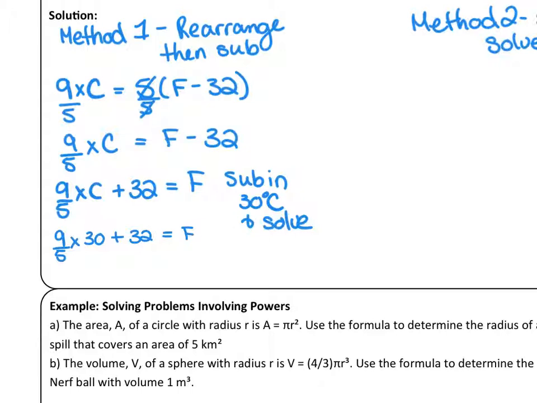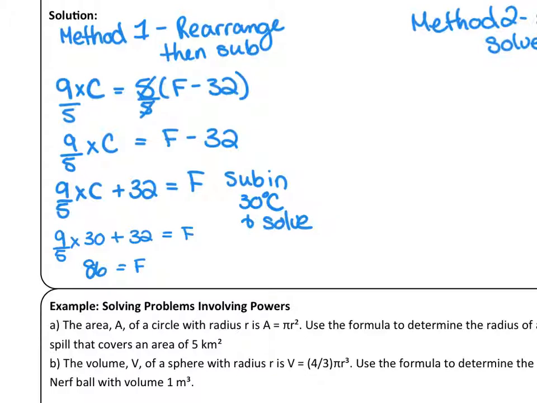So we're going to do our multiplication first and then our addition. So please make sure you're following BEDMAS as well. So 9/5 or 9 divided by 5 times 30 is 54 plus 32 gives me 86 degrees Fahrenheit. So our 30 degrees Celsius is 86 degrees Fahrenheit.